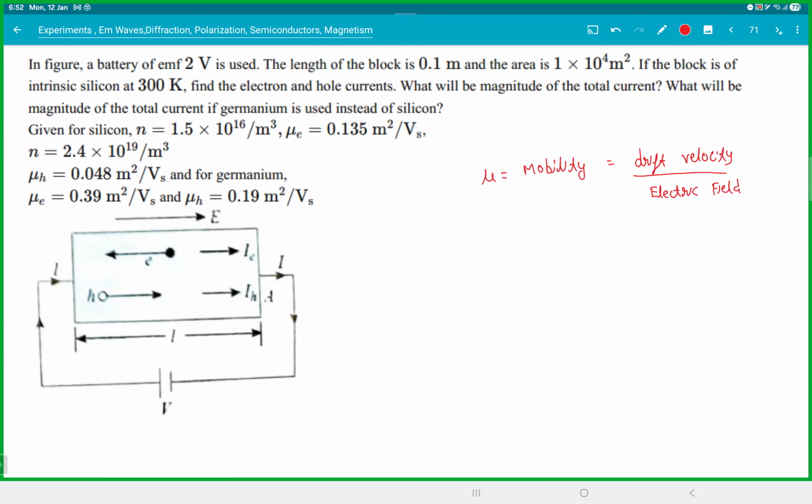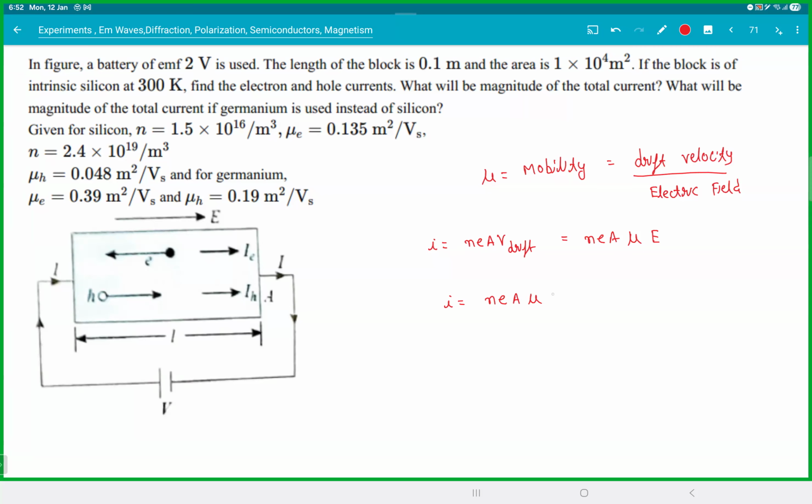That is one thing you should know. Then we also know current I is equal to nEA V drift. So from here, if you substitute, nEA V drift will be mobility mu into electric field. So we get I is equal to nEA mu into E.